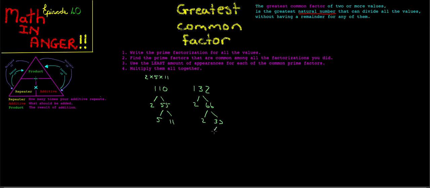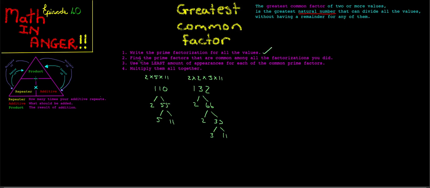Can't use 2 here. 3 will work, and that leaves us with 11. And there we go. There's our prime factorization. And this then is 2 times 2 times 3 times 11. Right, so that's our prime factorization for 110 and 132. There we go, that's step 1.